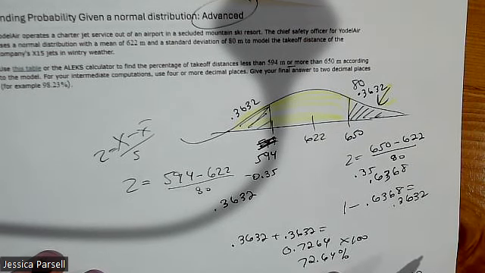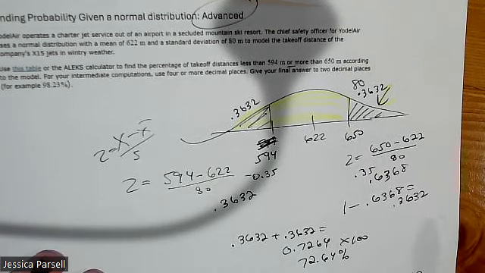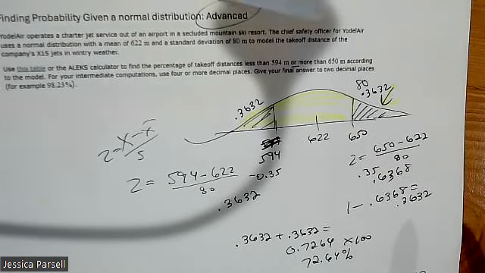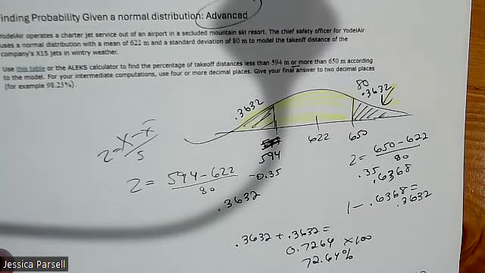So 72% of them take off less than 594 meters or more than 650 meters. So that is the end of this portion of the ALEKS homework concepts that we are learning this week. I'll see you for the hardest piece in the next video. Ta-ta for now.